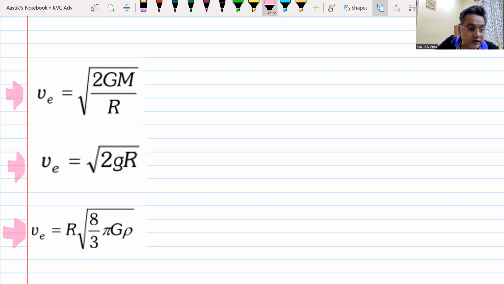You must remember all these three different ways, because a question may come based on any of these quantities. Do we understand this?